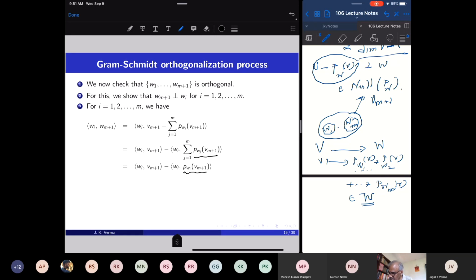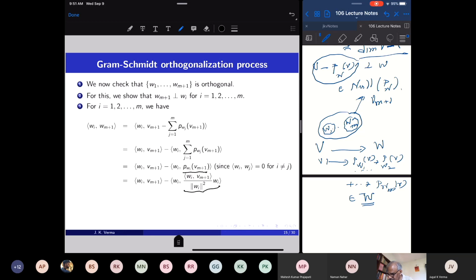But Wi inner product with the projection of Vm plus 1 on Wi, what is that? Write the projection formula. Projection of Vm plus 1 in the direction of Wi is this vector: take the inner product of Wi with Vm plus 1, divide by the square of the length of Wi, times Wi. This number comes out of the inner product because it is in the second coordinate.